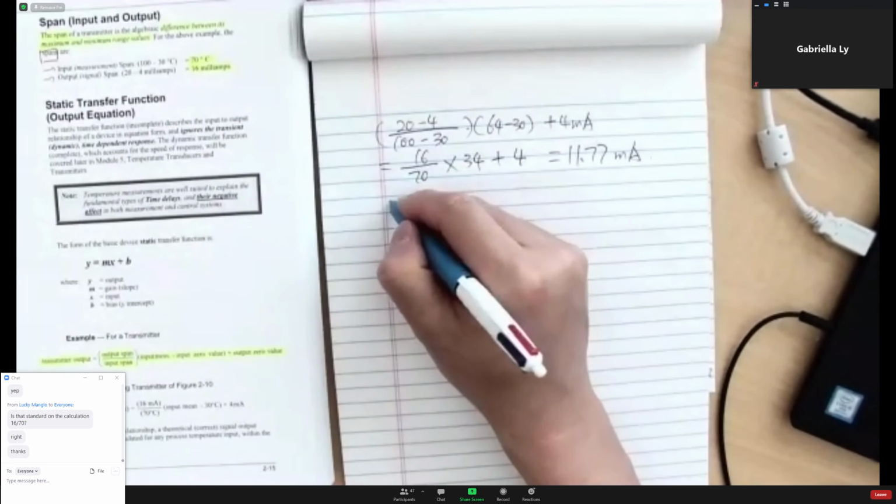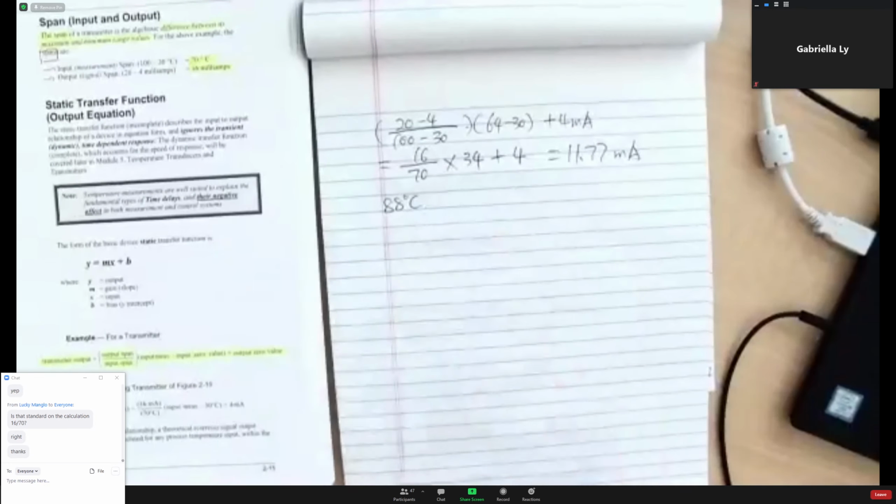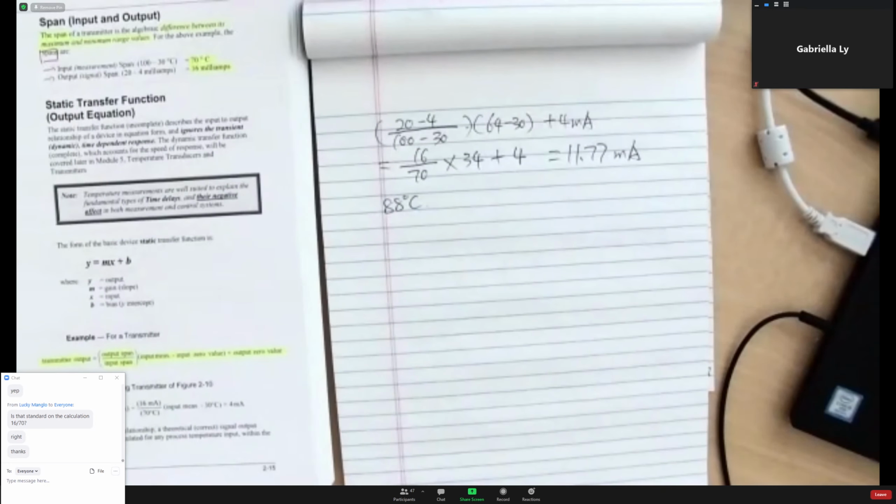Next one, 88 degree. If you get this 88 degree right, you can go for coffee. If you didn't get this 88 degree calculation right, I'm gonna be a slave driver. There's no coffee for you this morning.